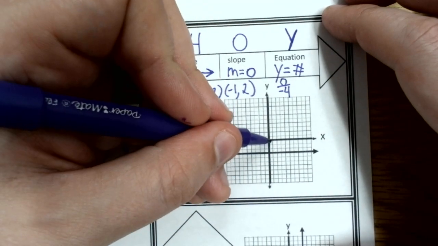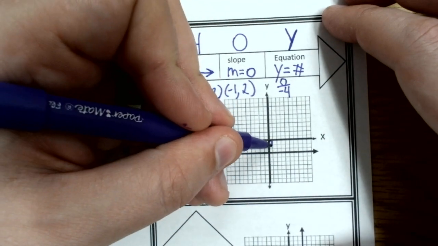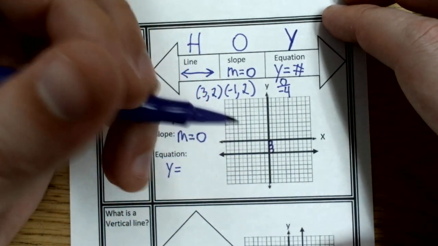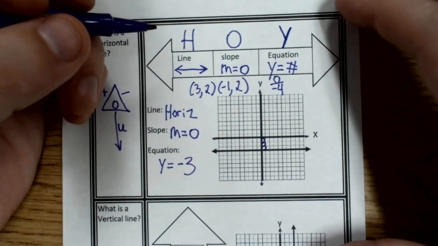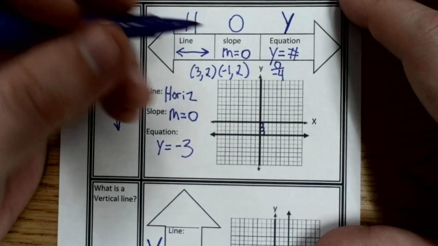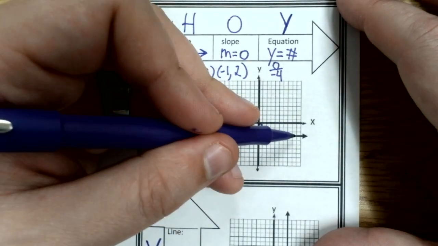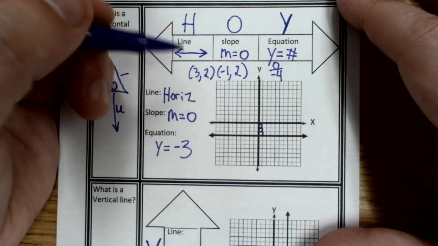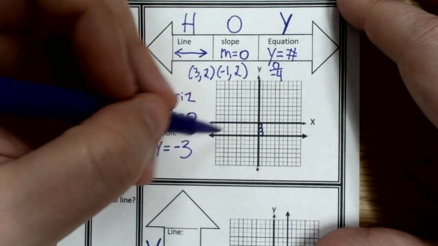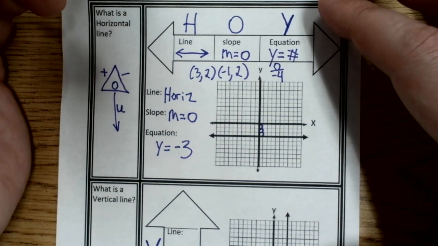So going on the y-axis, we'll just see how far down. That's 1, 2, 3. So 3 down, so it's just y equals -3. What that means is it doesn't matter where I check, every single y value on this would be a -3. So on that horizontal line, everything's a -3.